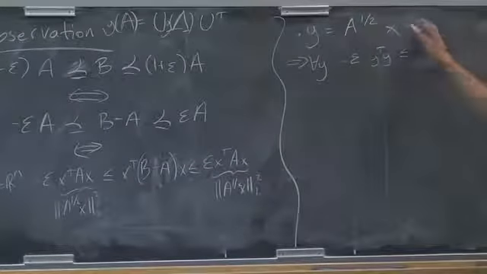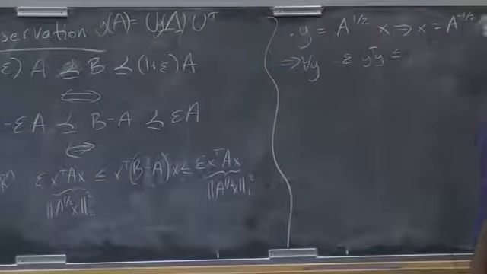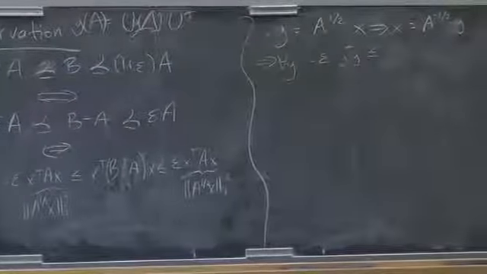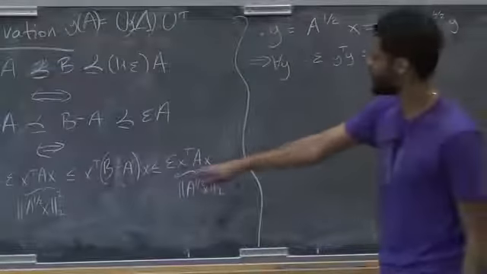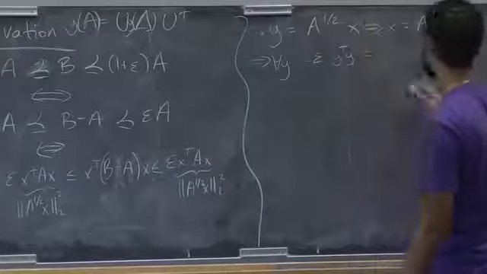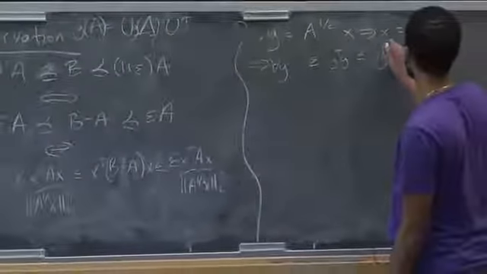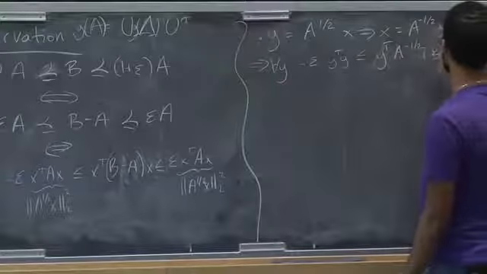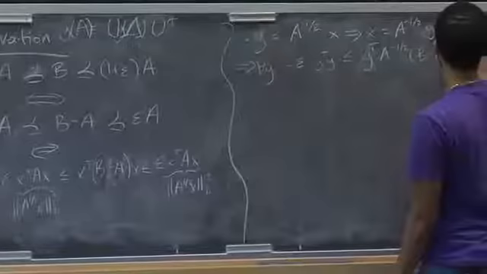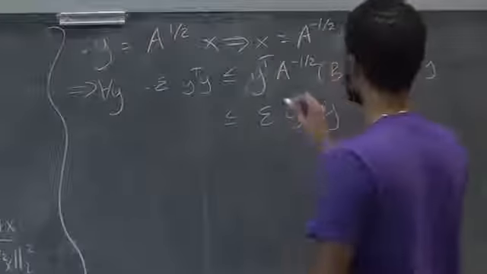This implies that x is equal to A to the minus 1/2 y. So we can write this as y transpose A to the minus 1/2 (B minus A) A to the minus 1/2 y is at most epsilon y transpose y.